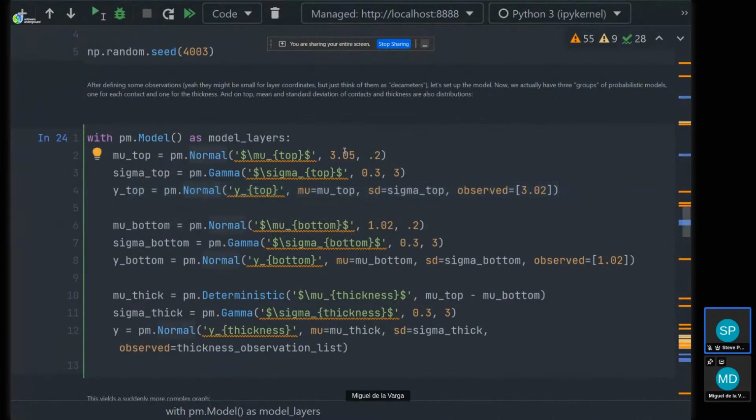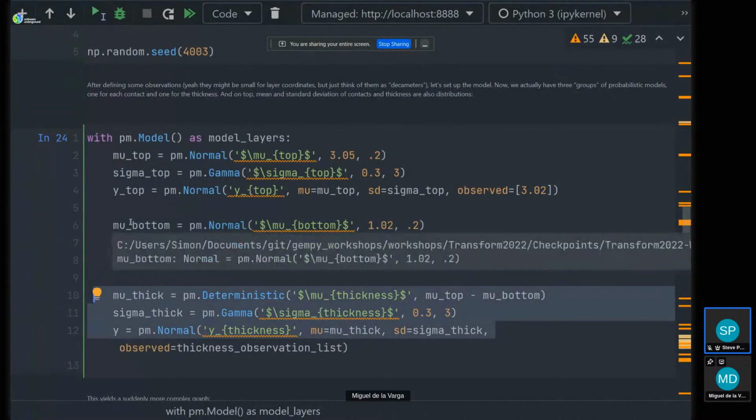Now we can start saying that there is more. We have the mean of the location of the top layer, the standard deviation of the top layer, same for the bottom, and then for the thickness.